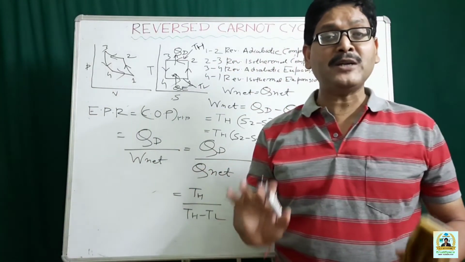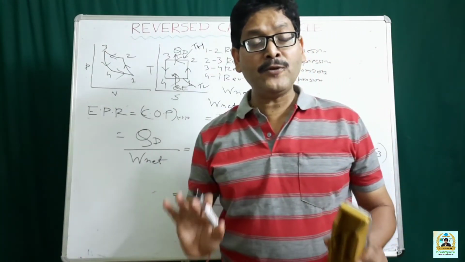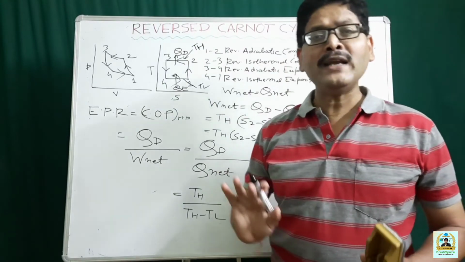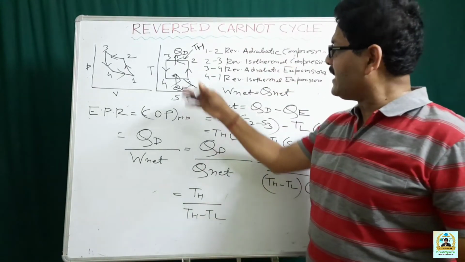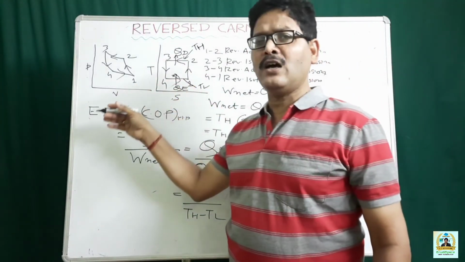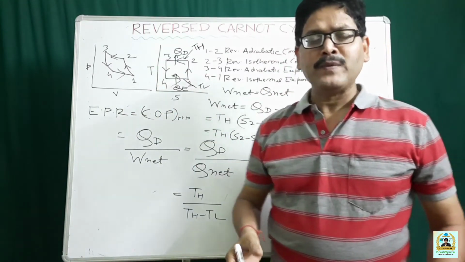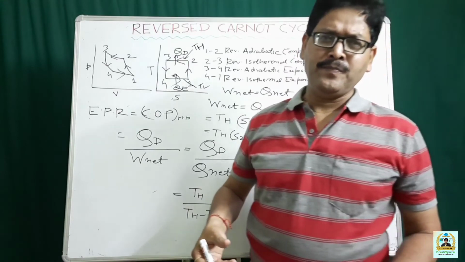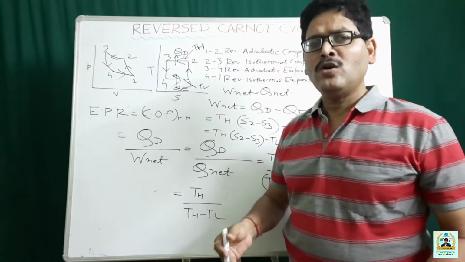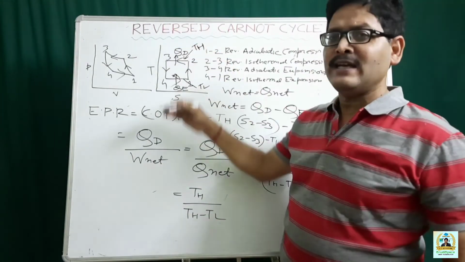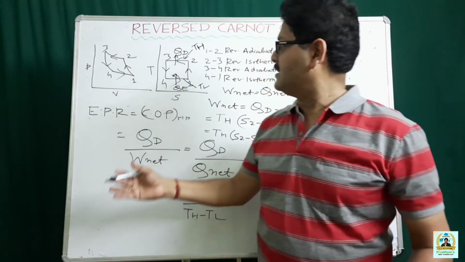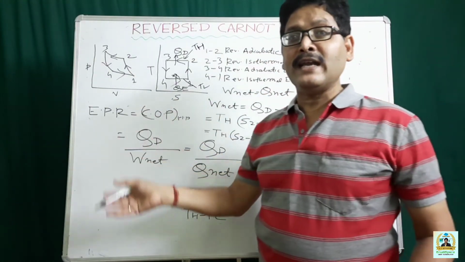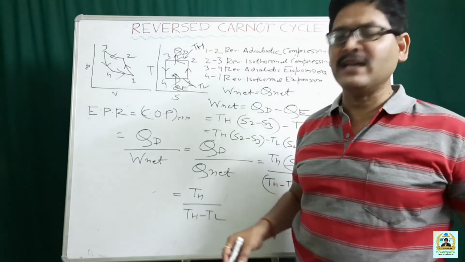Because in this case, particularly when it comes to refrigerator and heat pump, work is spent upon the system. Whereas when we are considering the heat engine, we obtain work from the heat engine. So the heat that is to be delivered to the working substance will be more than the heat that is coming out.